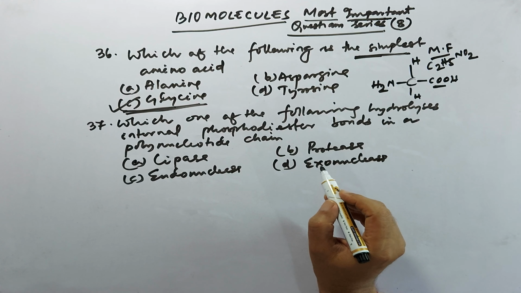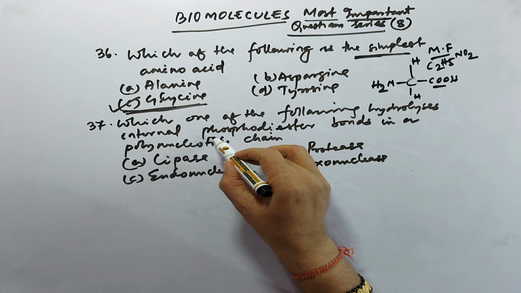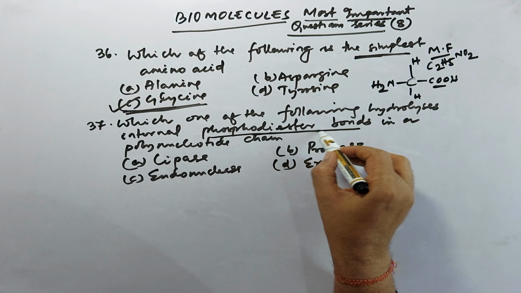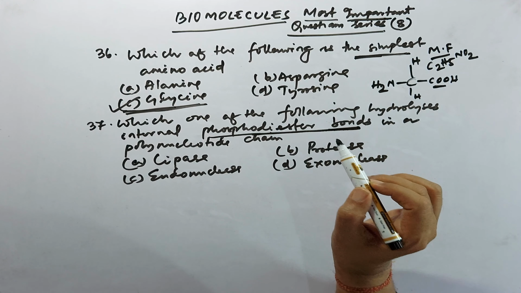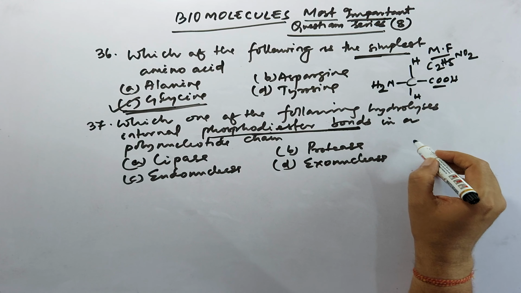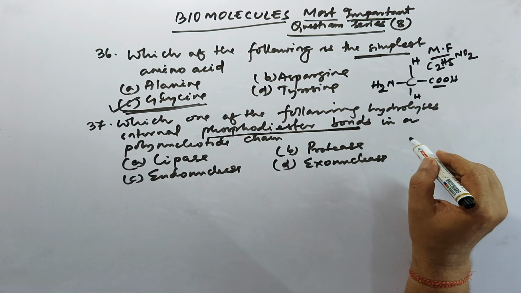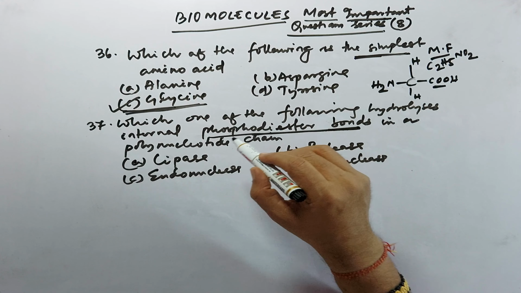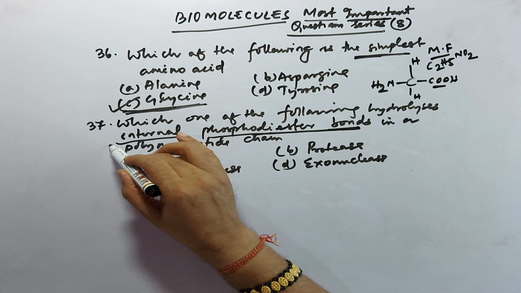So here, the phosphodiester bonds, as we have already discussed in our theory videos, attach 2 nucleotides together. Here the word internal is written.